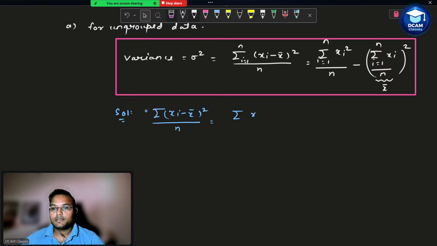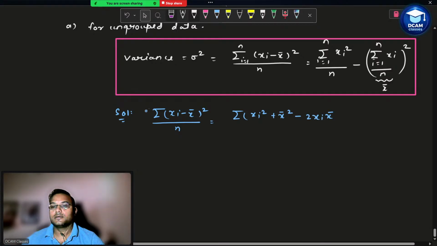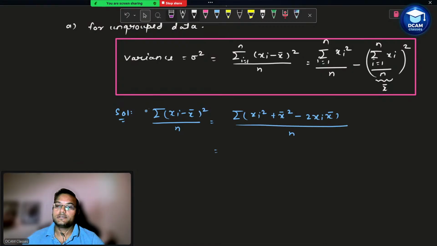This will be sigma xi square plus x bar square minus 2 x bar xi, divided by n. First term I've got sigma xi square by n.